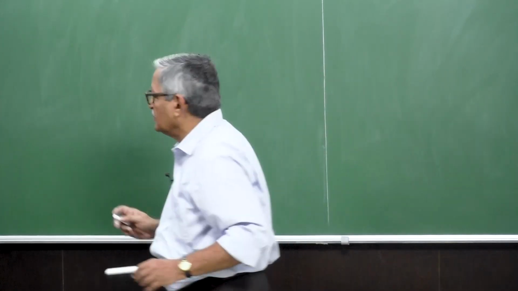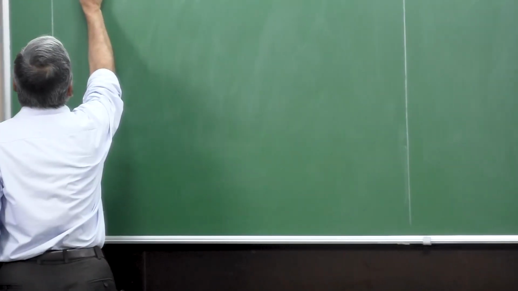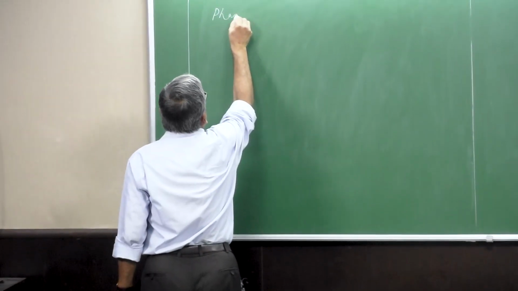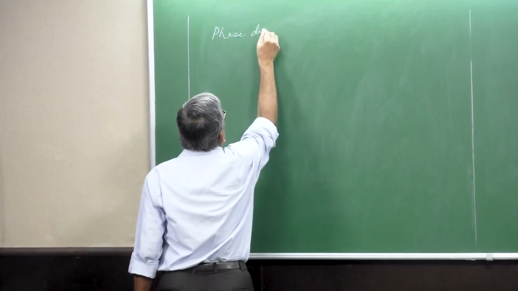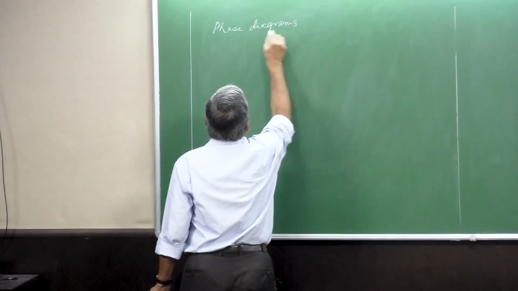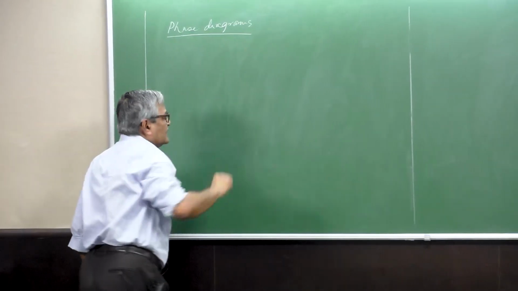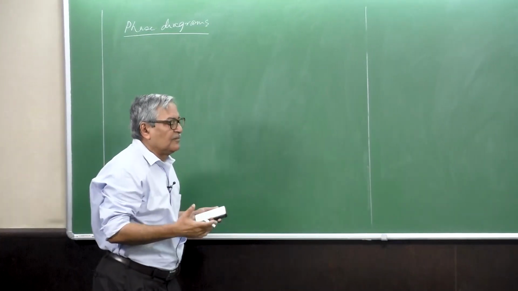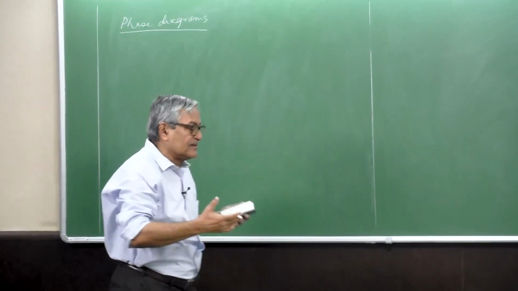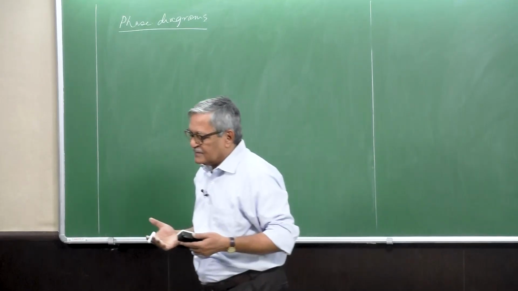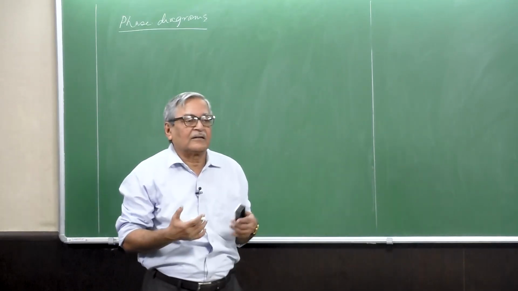So, to discuss this phase diagram, they are basically the P versus T curve. So, how those P versus T curves can be drawn, and the clue lies in basically the same Clapeyron equation.